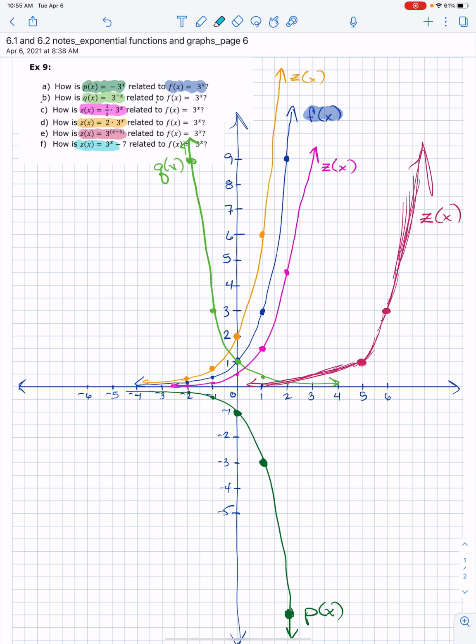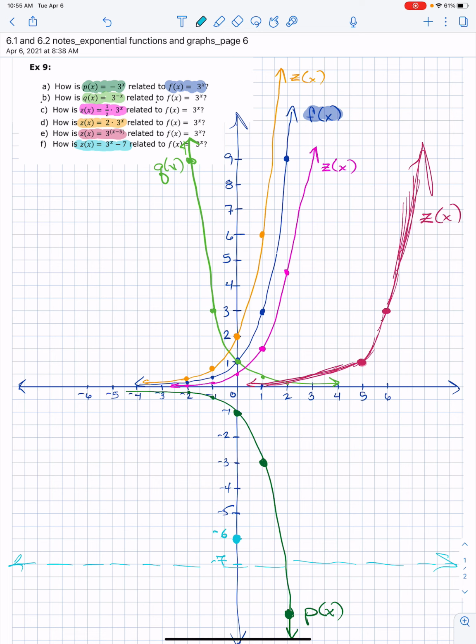We have z of x equals 3 to the x minus 7. Which means the whole graph moves down 7, including the asymptote. So the first thing I'm going to do is move my asymptote down. My (0, 1) becomes (0, negative 6).